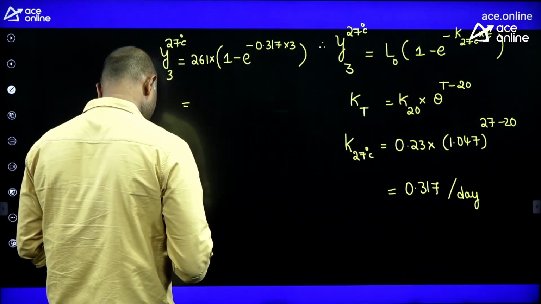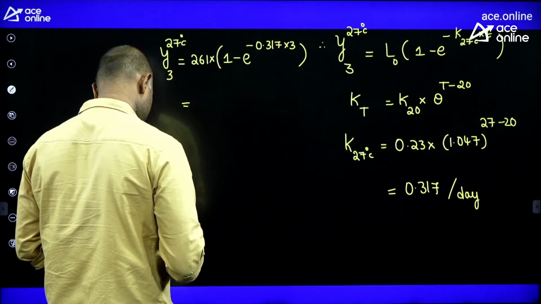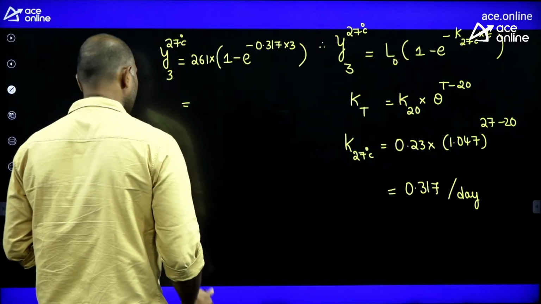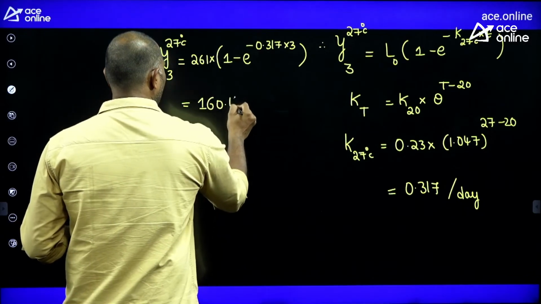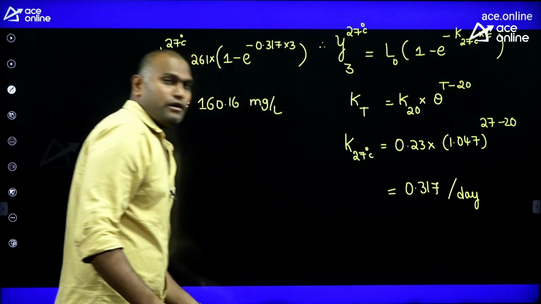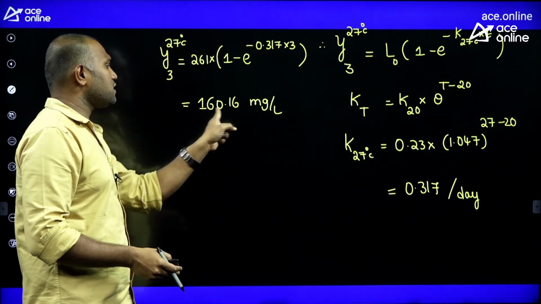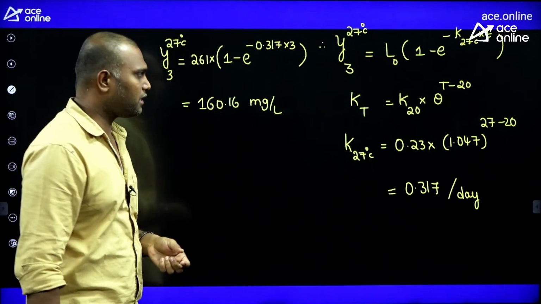Minus 0.317 into 3 days, into 261. So the answer goes as 160.16 mg per liter. So in 3 days at 27 degrees centigrade, the BOD consumption, the oxygen consumption, is 160.16 mg per liter.